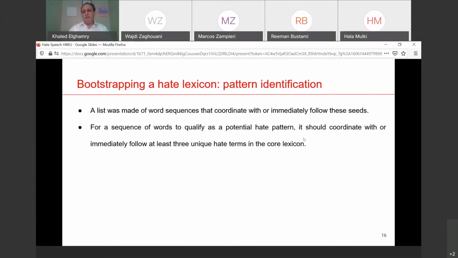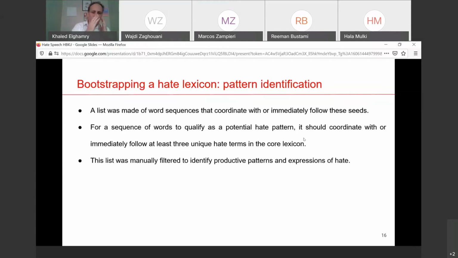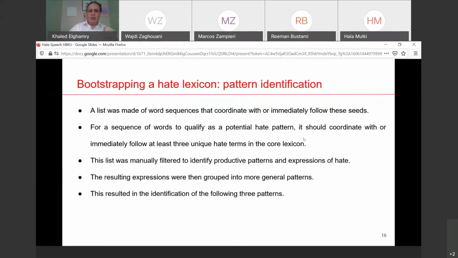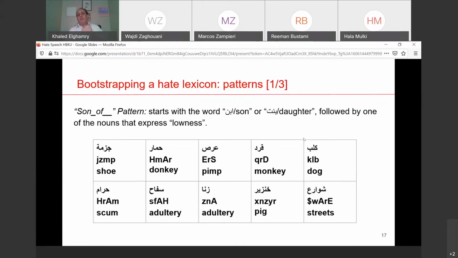For a sequence of words to qualify as a potential hate pattern, it should coordinate with or immediately follow at least 3 unique hate terms in the core lexicon. This list was manually filtered to identify productive patterns and expressions of hate. The resulting expressions were then grouped into more general patterns.